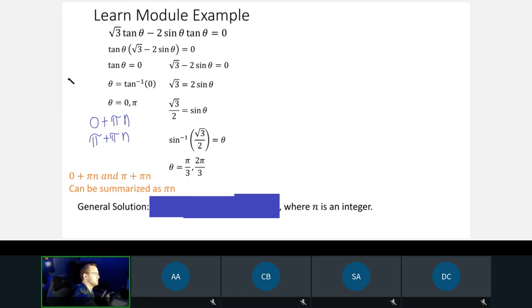So there's both of them. But because it's tangent, we're always doing half a rotation. So the first one that I wrote, 0 plus pi n, if n equals 2, it covers when n equals 1 and the second part that I wrote. And this simplified is just pi n, because 0 plus anything is itself. So that's why we don't have to write the second one.